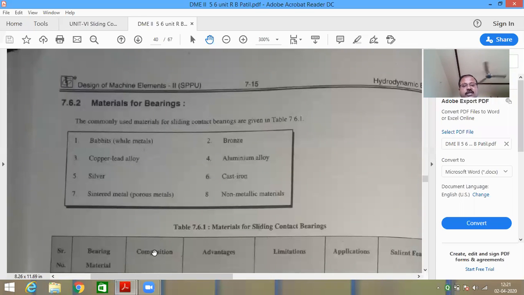So this was related to the lubrication modes: what are the different types of sliding contact bearings, hydrodynamic, hydrostatic; what are the basic material properties a bearing material should possess; and what are the different materials used for manufacturing the bearings.